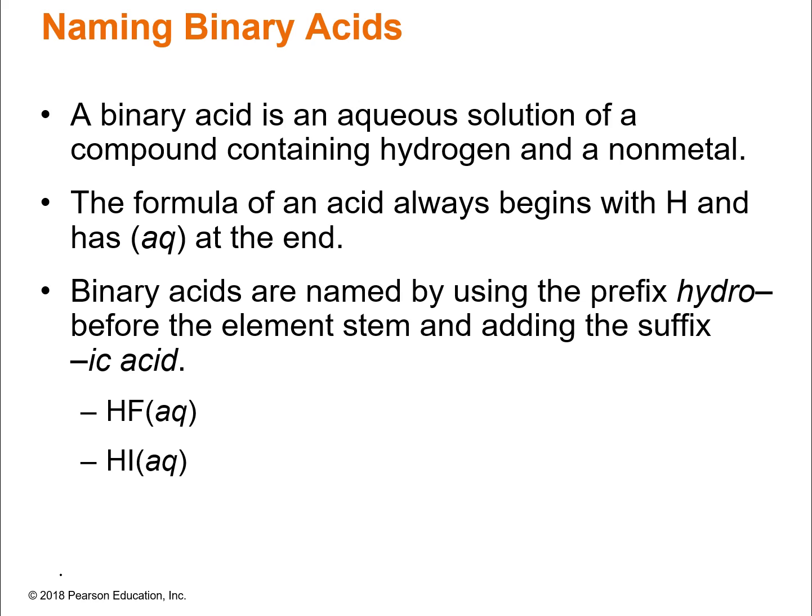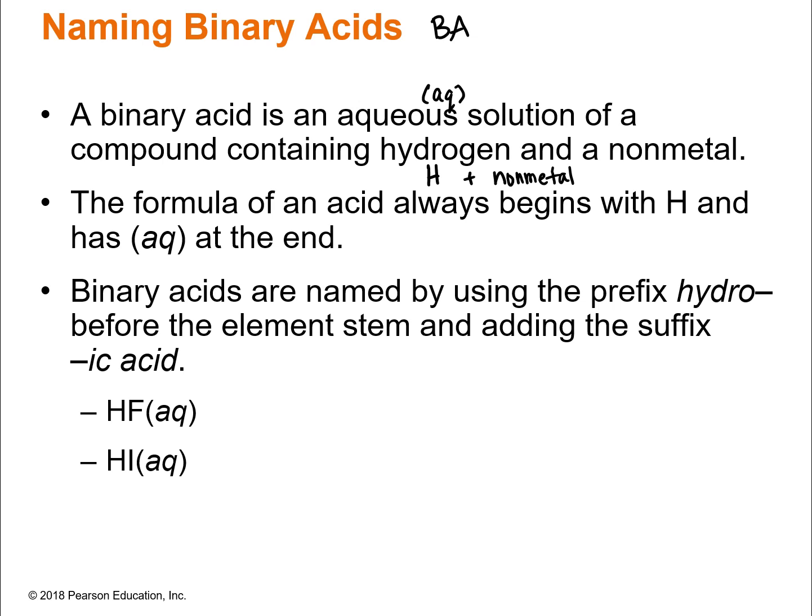So binary acids, remember that's Ba. We're looking at an aqueous solution, so that's the AQ, and it's got hydrogen plus a nonmetal. You're always going to have that hydrogen first with an acid.